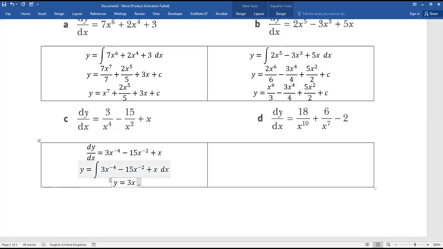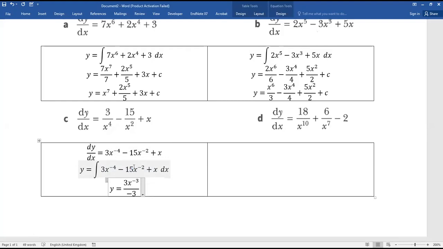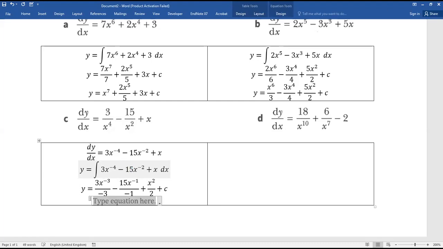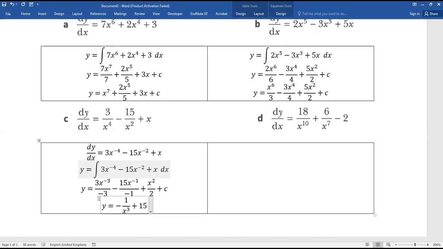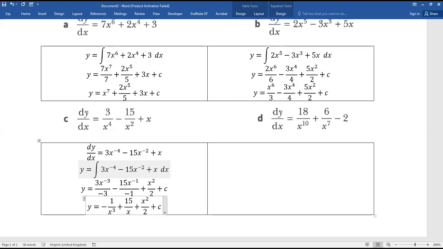So I increase the power by 1 and I divide it by the increased power. And then I increase the power by 1 and I divide by the increased power. So now we can just simplify. This is minus 1 upon x cubed plus 15 over x plus x square over 2 and then plus c.